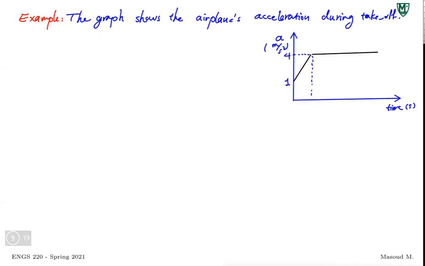This point in time is 5 seconds. And all the way at the end, you'll get 30. We know the unit is seconds, so I'll just put 30 there. So this is the airplane's acceleration during takeoff.